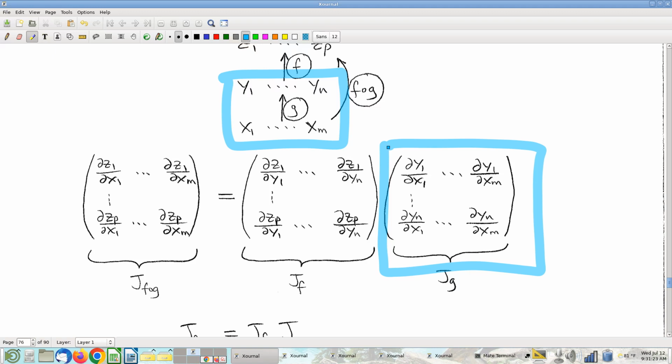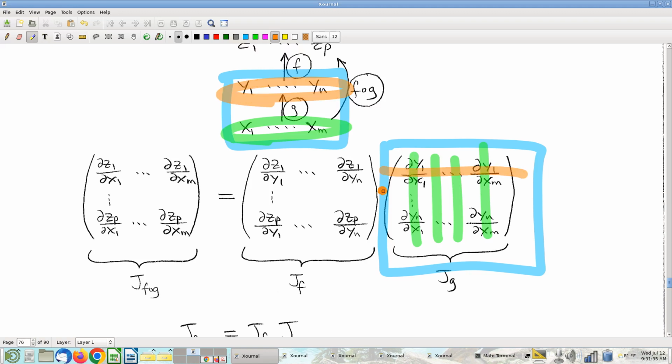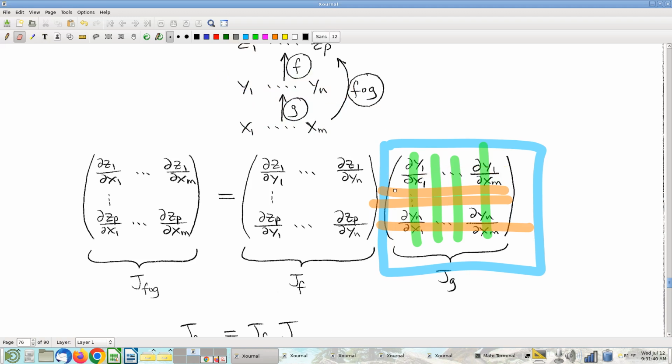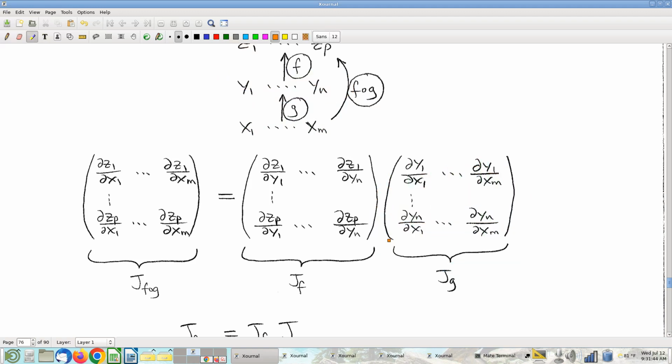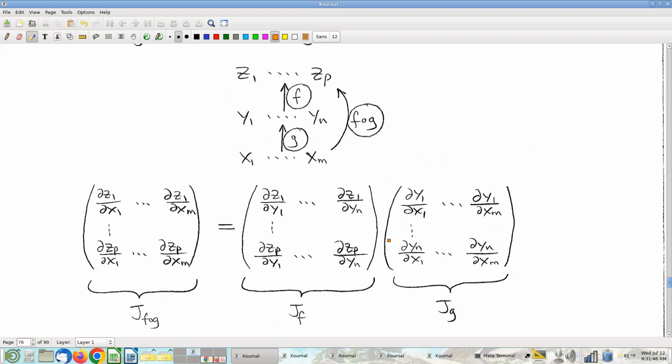That gives you an array of different partial derivatives. If you organize them like this, where the input variables correspond to columns and the output variables correspond to rows, then organized this way, the chain rule corresponds to matrix multiplication. It's kind of a phenomenal fact.